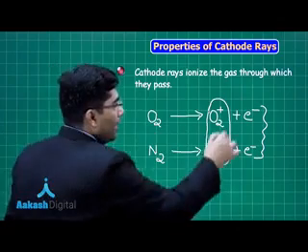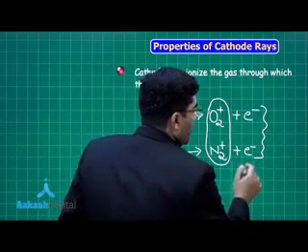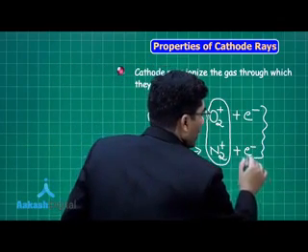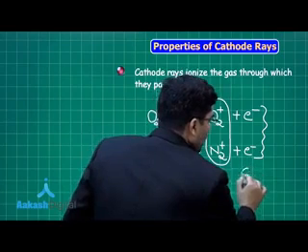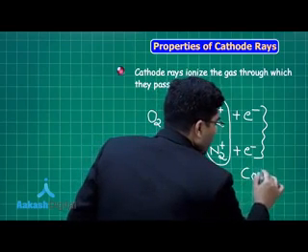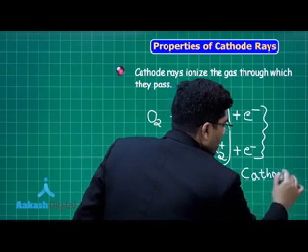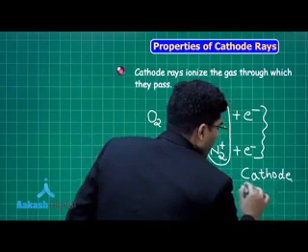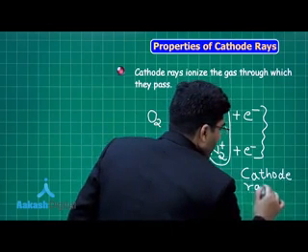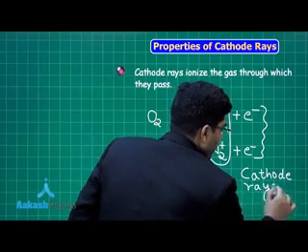So these electrons will move towards the positive terminal; they are cathode ray particles.